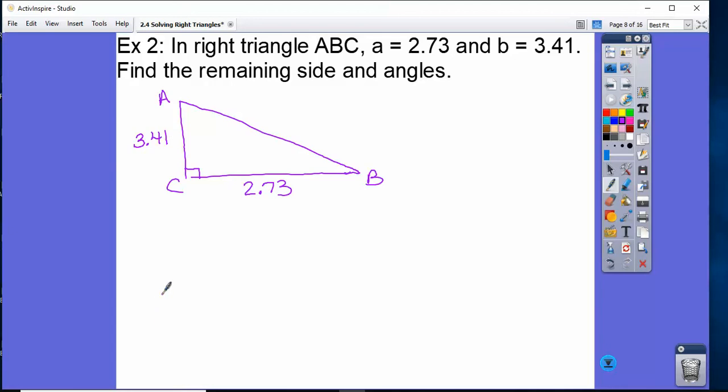What would be the easiest thing to find here? Side C, how would you do that? Pythagorean theorem seems like a pretty good option. So let's just do that real quick. So A squared plus B squared equals C squared.